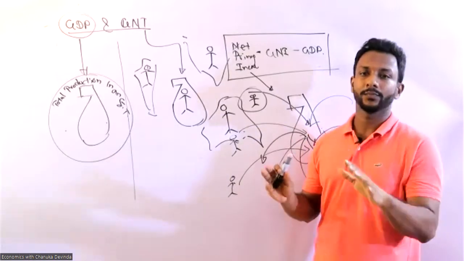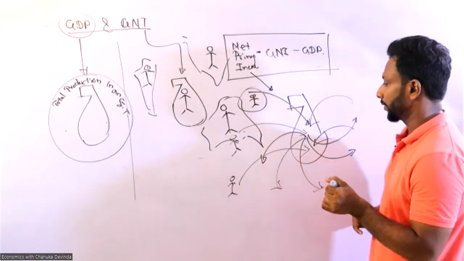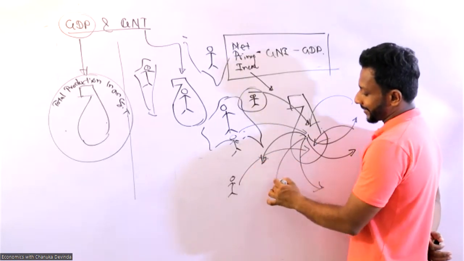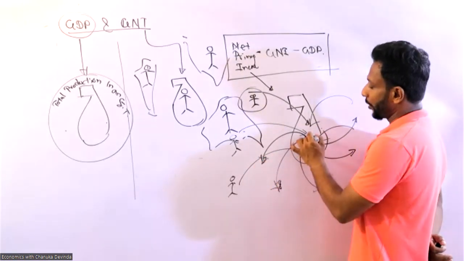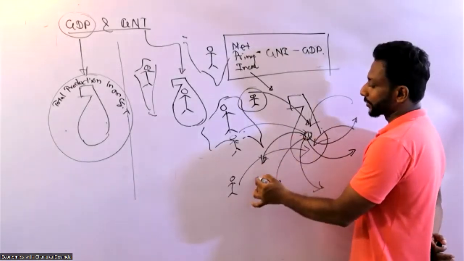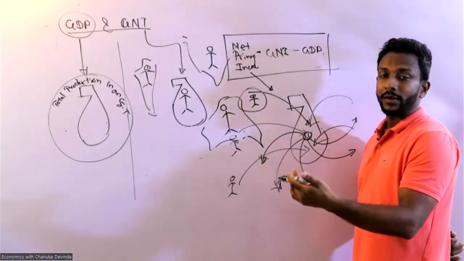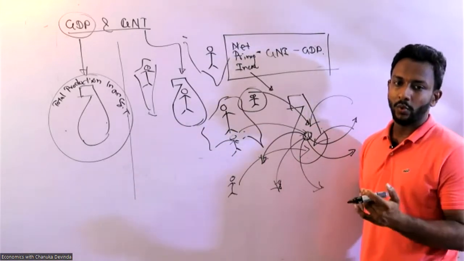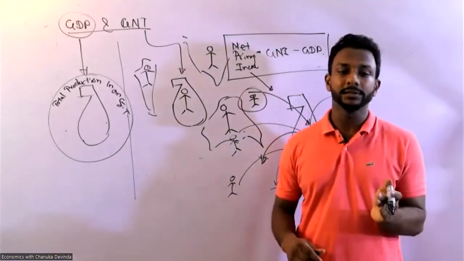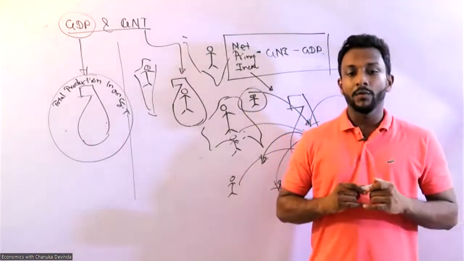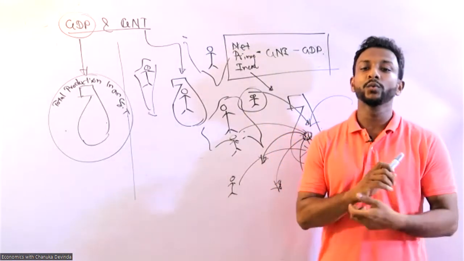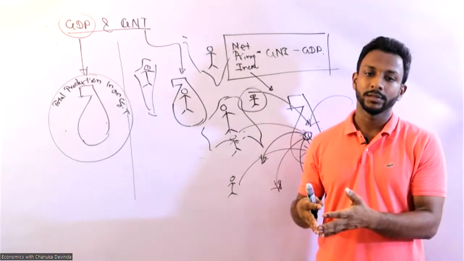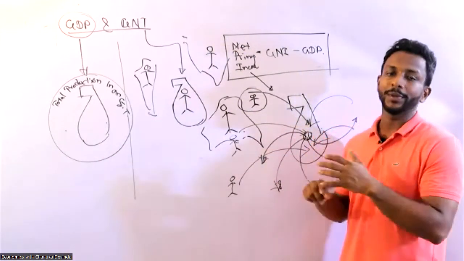All these people and factors, the ownership does not belong to Sri Lanka; it belongs to someone else. That means non-resident. So primary income payment is the next point: foreign income earned by using resources which belong to foreigners that are utilized for domestic production.